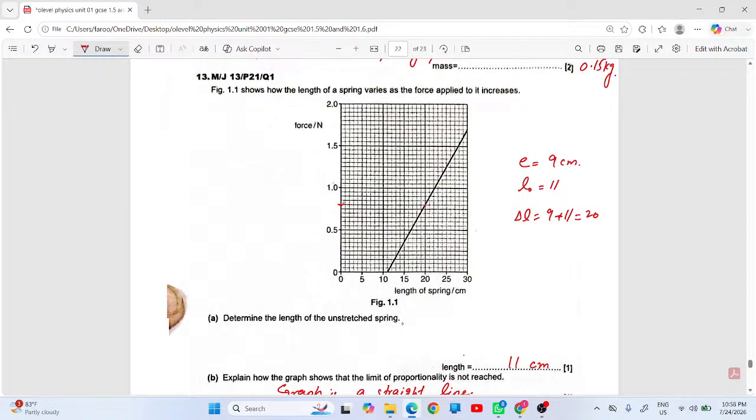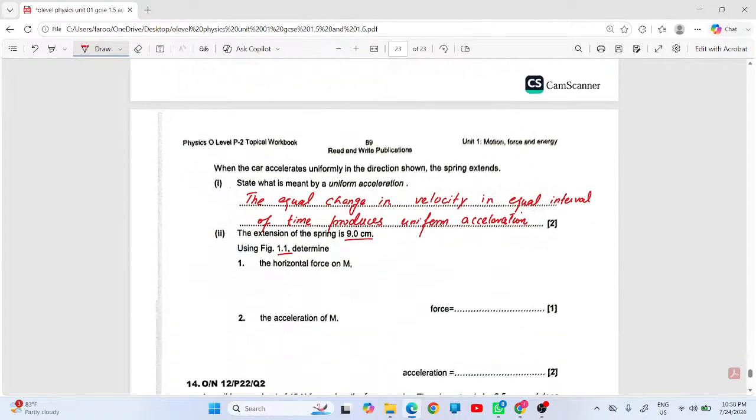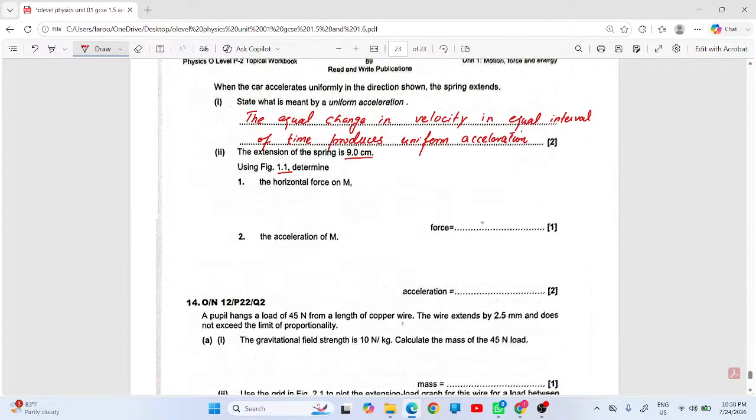1 2 3 4 5 6, 6 boxes up. Okay, the acceleration.